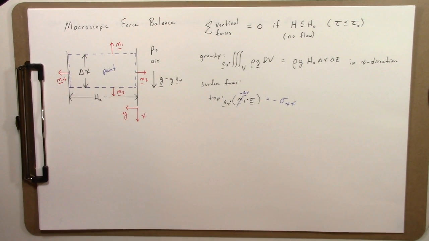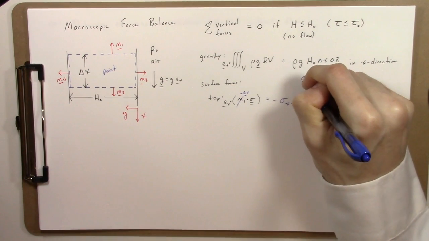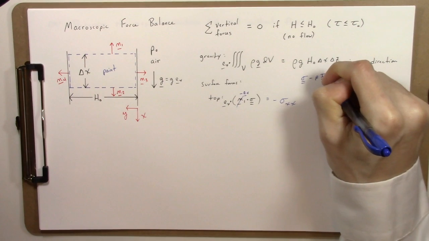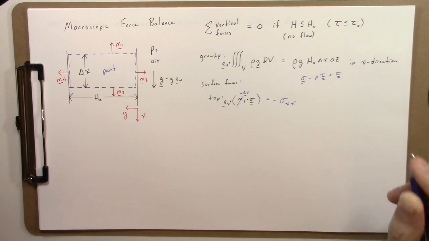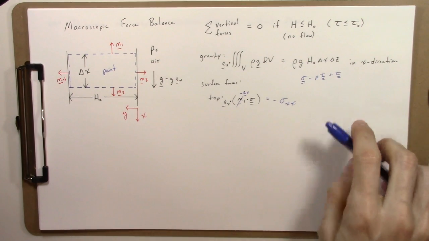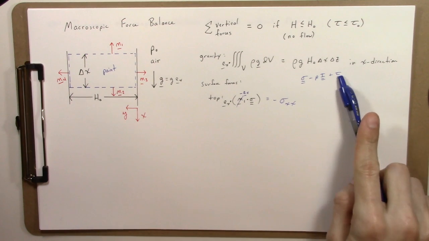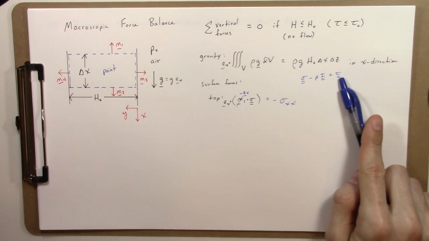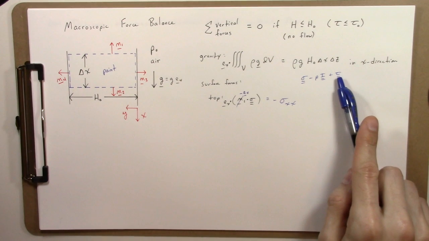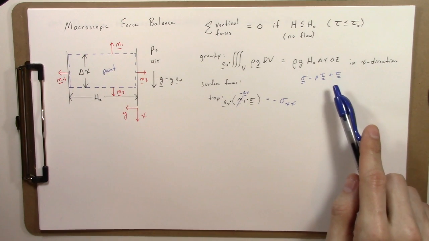If we look up what minus σ_xx is, we'll see that we have a contribution from the pressure. So σ is minus p times I plus τ. So for σ_xx, we already said the only components of τ that are non-zero are τ_xy and τ_yx.